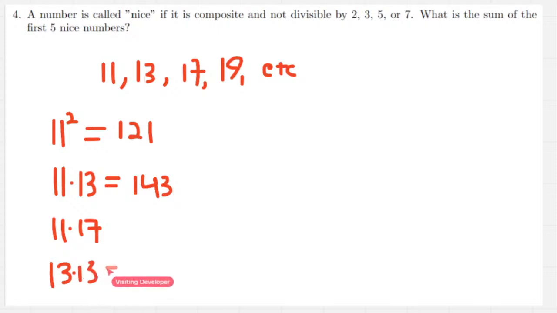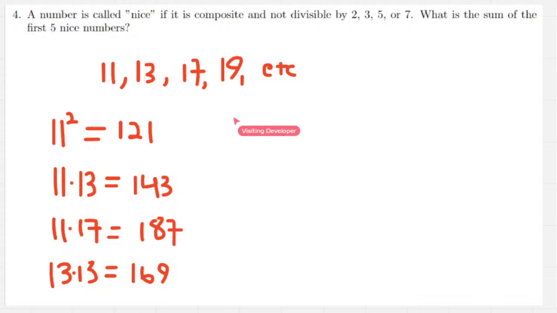And as you can see, we actually have 13 times 13, or 169, is less than 187. But combined, these give the first 4 nice numbers. And so now we just want to find the fifth nice number.